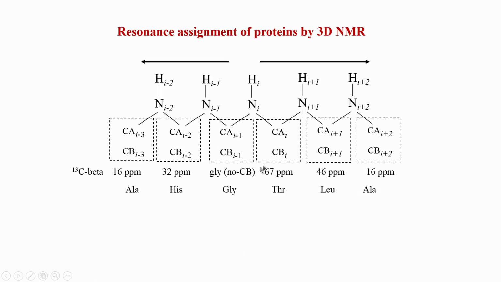So, we could get a glycine. Similarly, here it could be that it is 67 ppm, and based on the theory this could be threonine, like that. So, based on this database and statistical analysis, we can predict or guess which amino acid type it is based on the C beta.